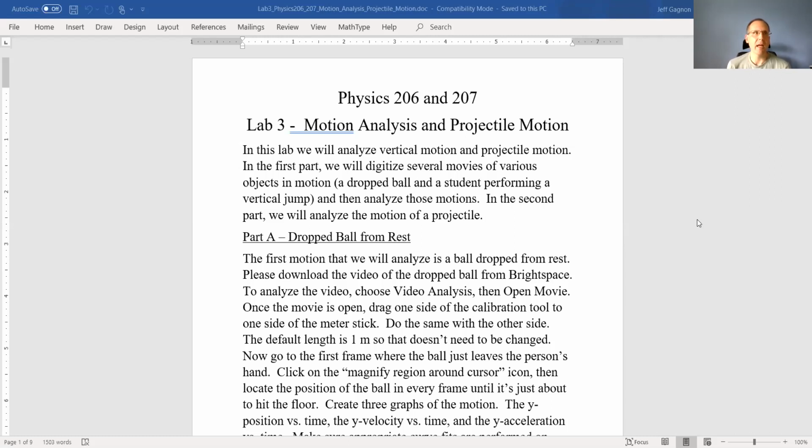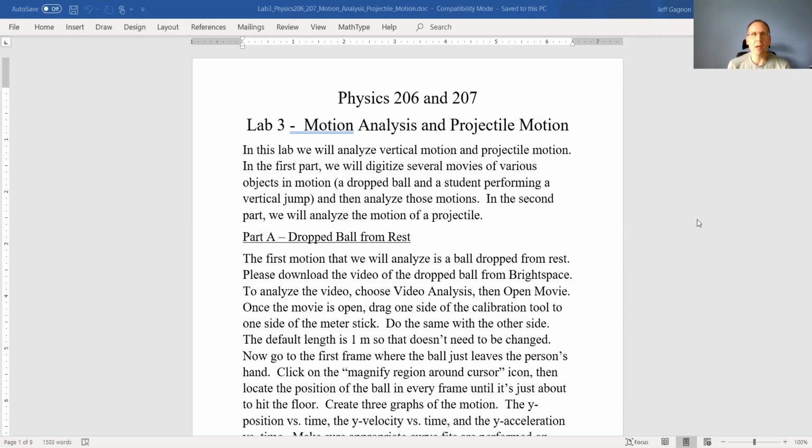Basically, we're going to examine the range as a function of the angle that the little marble is being launched at. And then also, I'm going to have you collect data using a simulation of projectile motion, and then we'll analyze that. So really, this whole lab is like analyzing motions.